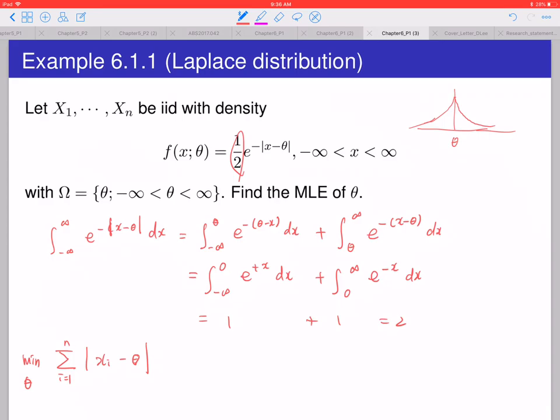The derivative of this one is 1, 0, or minus 1, depending on whether xi is negative or positive.